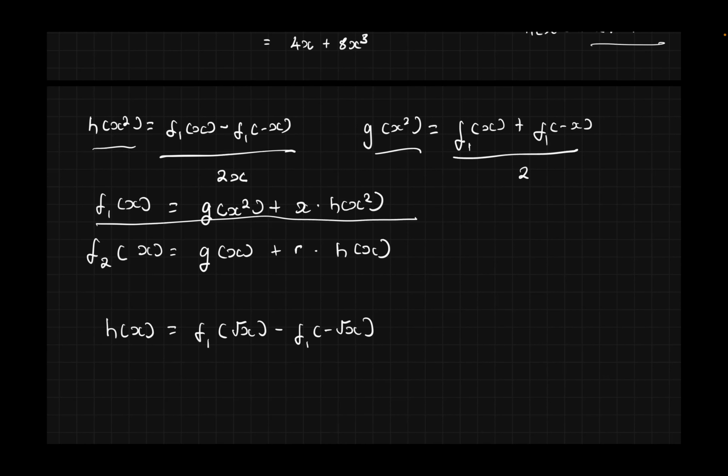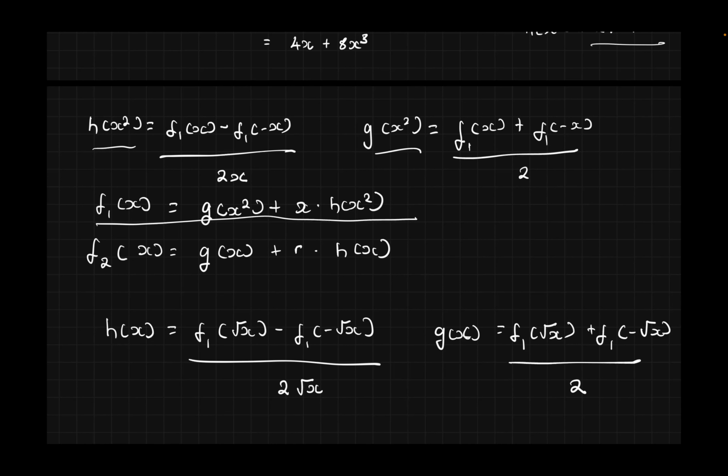Does this make sense? Yes. Wait, so if we are coming from h of x squared and you want to go to x, it looks like h of root x squared will now be h of x.